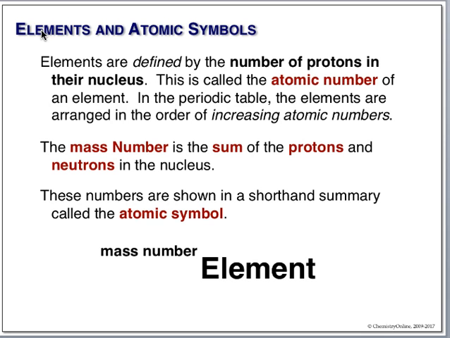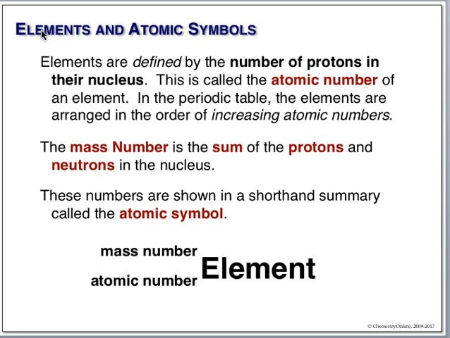In front of it, we would put the mass number. The mass number was the sum of protons plus neutrons. And then down here is a subscript in front of the element symbol. We would put the atomic number. Again, that's the number of protons.